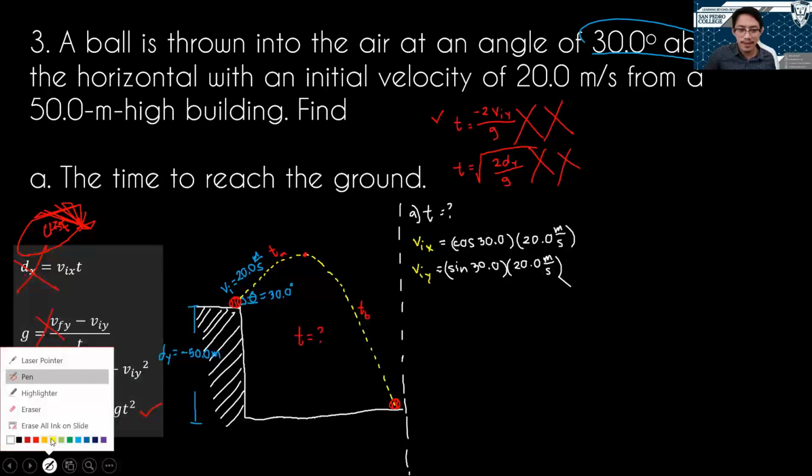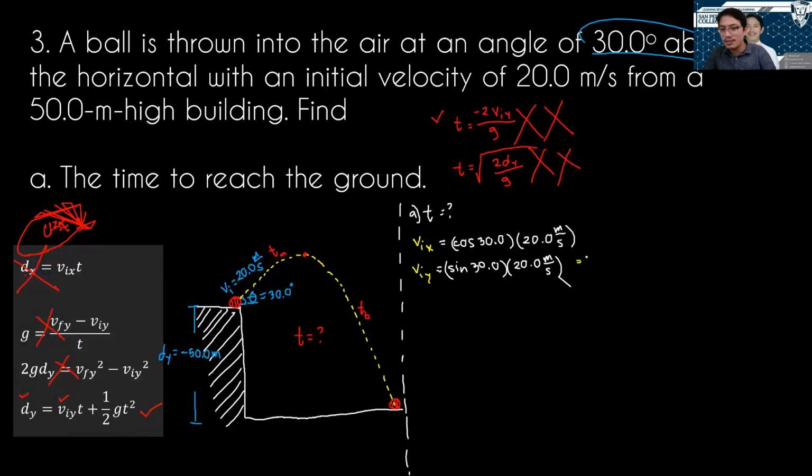Good? And that gives us what? This should be 10.0 meters per second. And this should be, what is cos 30 times 20? That's 17.3. Three significant figures, pero lagyan natin ng isa pang digit para maiwasan ang errors.